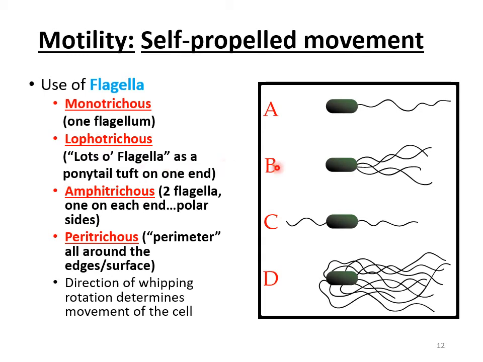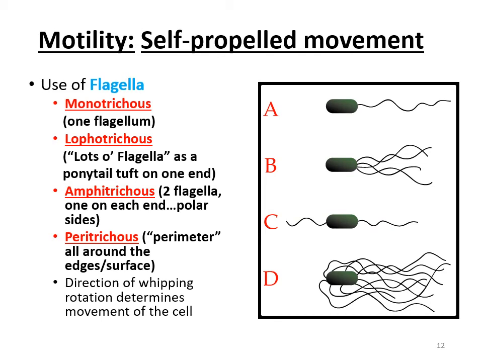And the way that you see that is as a ponytail type tuft on one end of that bacteria. Some bacteria instead are amphitrichous, which means they have two flagella, one on each polar end. And then the last option is peritrichous for bacteria such as E. coli.